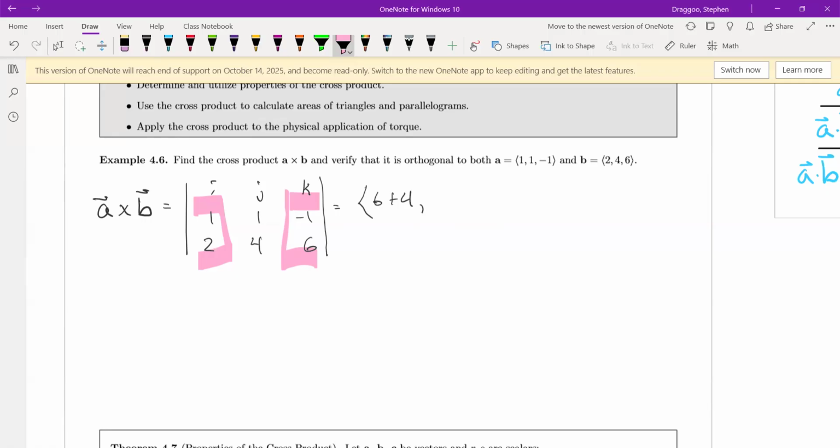So the group I'm looking at here is really more like a negative 1, 1, 2, 6, because I need to read from left to right to move to the right of the J column. So I want negative 6, negative 1 times 6 minus 1 times 2. So again, negative 6 minus 2.